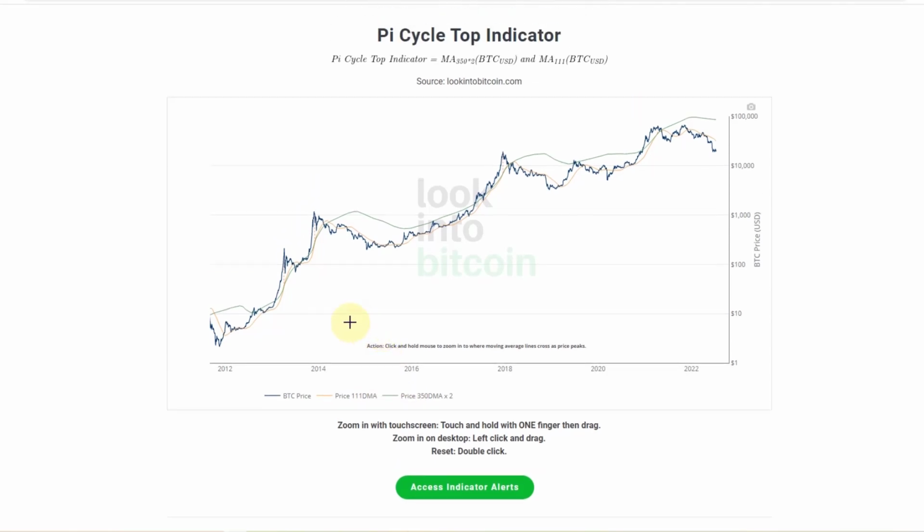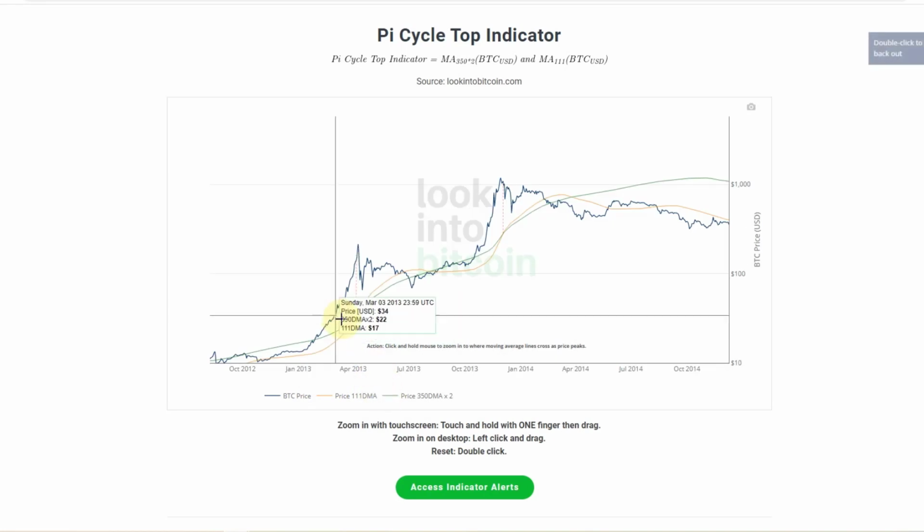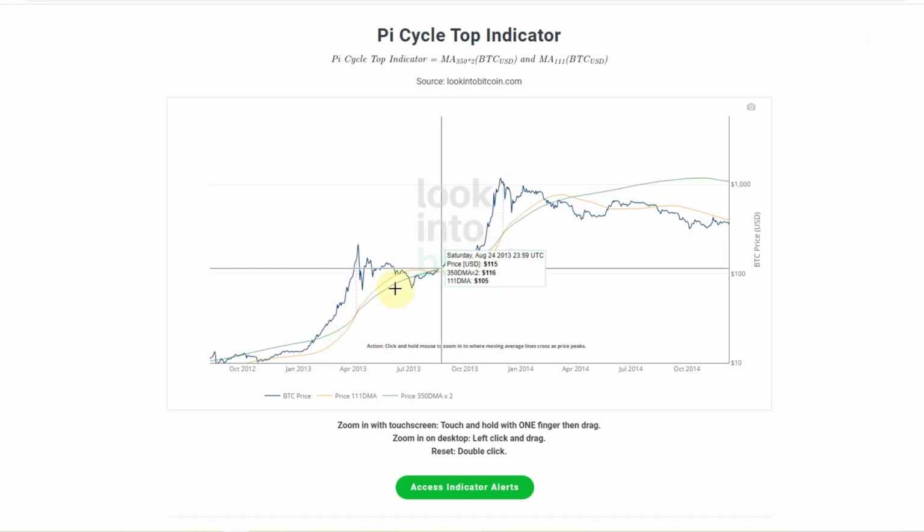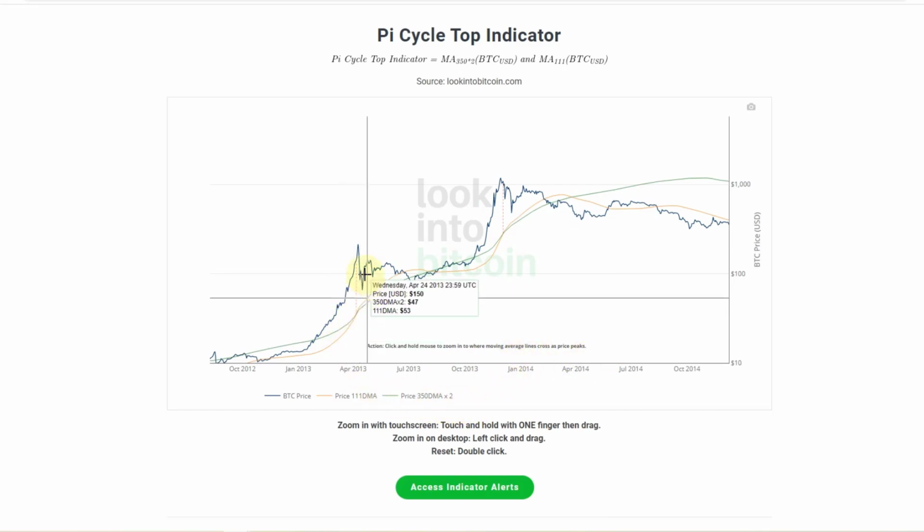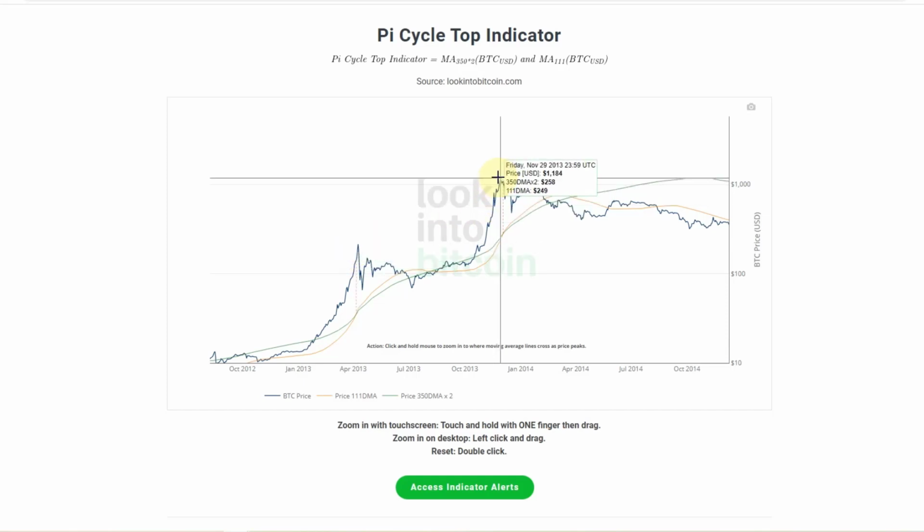And this indicator was able to flash the cycle top within 3 days of accuracy, here in 2013, both of these cycle tops in 2013. So you can see where the orange line crossed above the green line. This was the flashing for the top of the bull market.